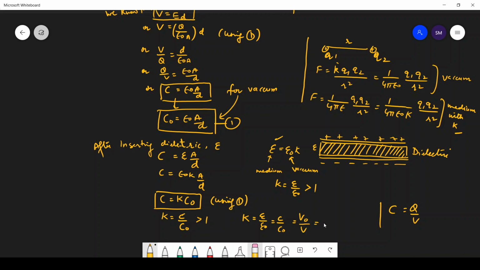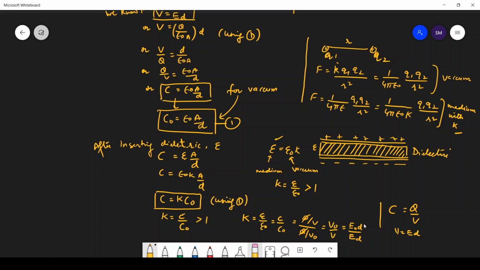And further, as E is equal to V by D. Students, I hope you have understood this. So C is equal to Q by V, and this is equal to Q by V naught. This Q will cancel out, and this will be V naught by V. And then V is equal to ED, so here also this is E naught D upon ED.